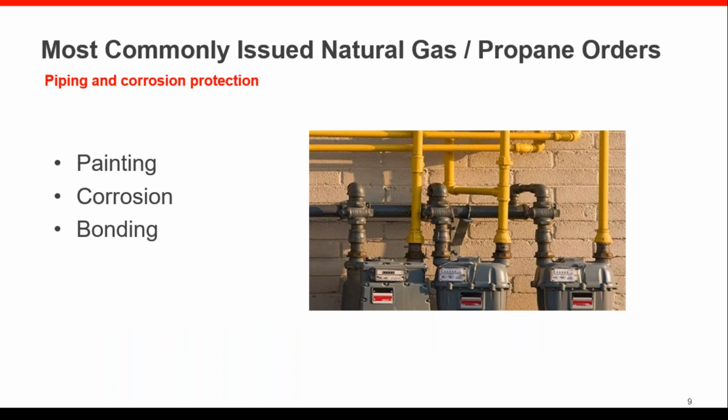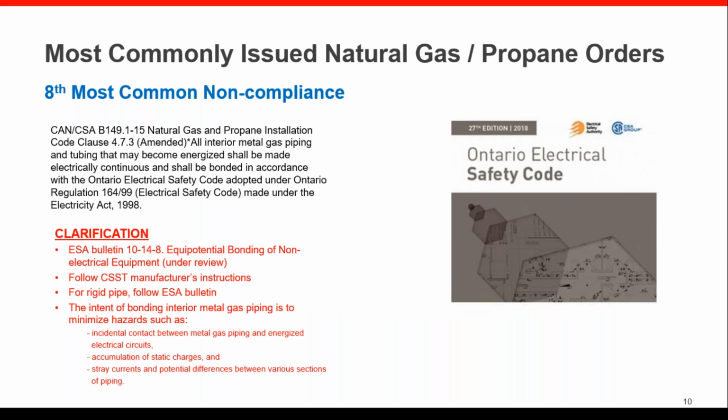The next area we'll look at is piping and corrosion protection, and in this particular section, I'll look at the painting, corrosion, and the bonding issues with respect to piping. And I'm going to start with the bonding issue.